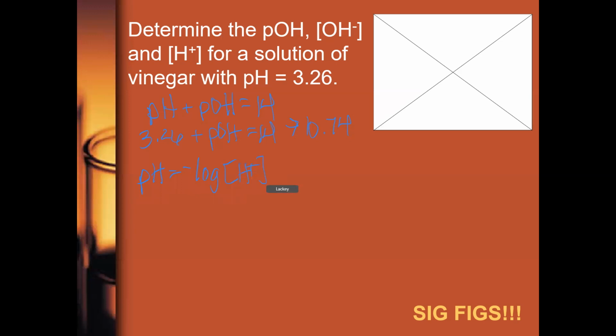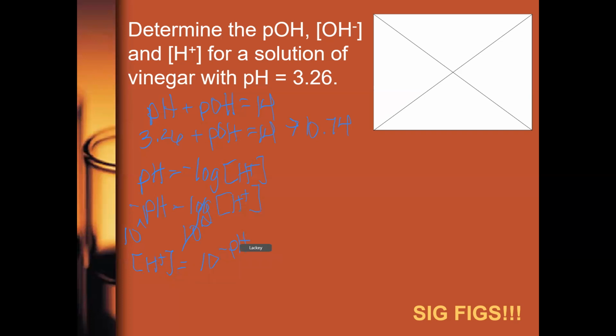If we want to solve for H plus, we need to divide by a negative, so we need to get rid of the negative, and that gives us log of H plus. And then to get rid of log, we need to do the anti-log, which is 10 raised to a power. So that will cancel out log. So we can solve for H plus by doing 10 raised to the negative pH.